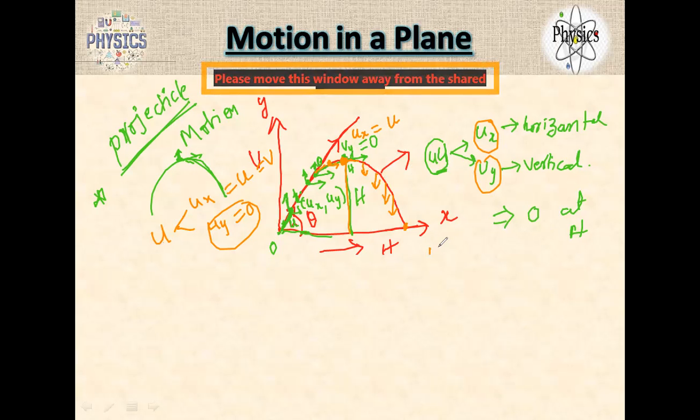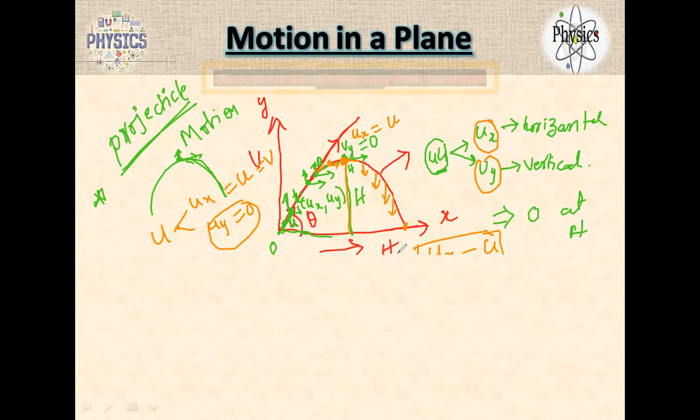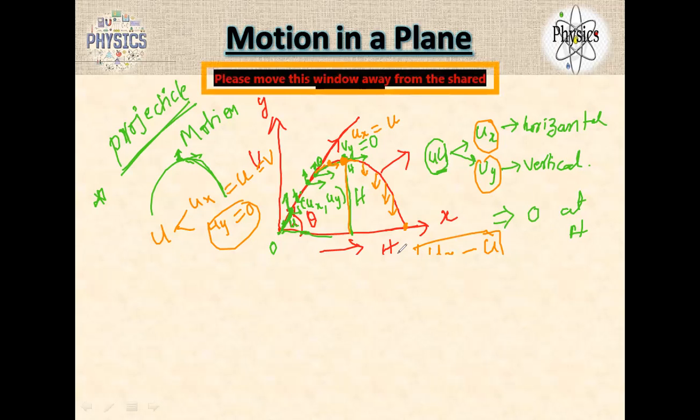It's very important. ux is equal to u. It is always the same. This does not change. Only which component is changing? The y component. When it's going upward, y is decreasing. When it's going downward, y is increasing. That's it. But the horizontal component, nothing is changing. It's just the same. Okay?